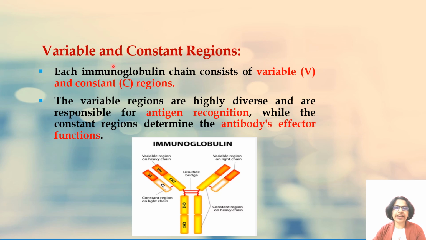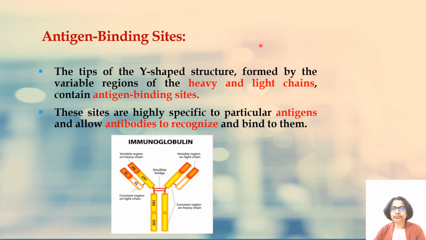Coming to the variable and constant regions, each immunoglobulin chain consists of a variable region, V, and a constant region, denoted with C. The variable regions are highly diverse and are responsible for antigen recognition, while the constant regions determine antibody effector functions.